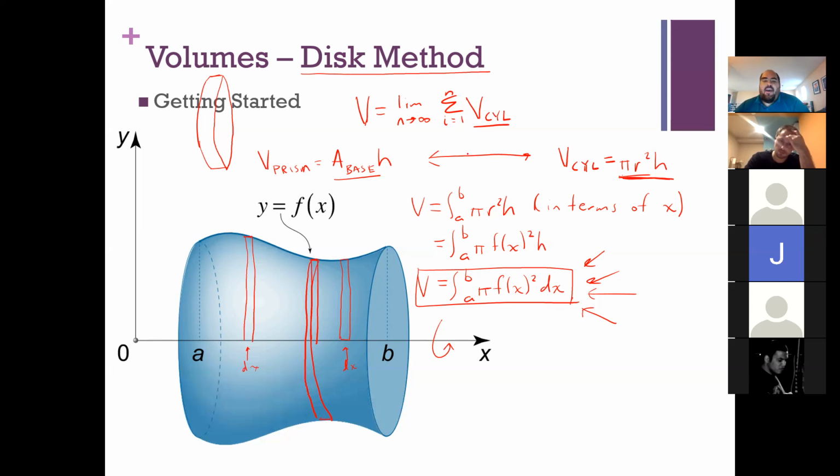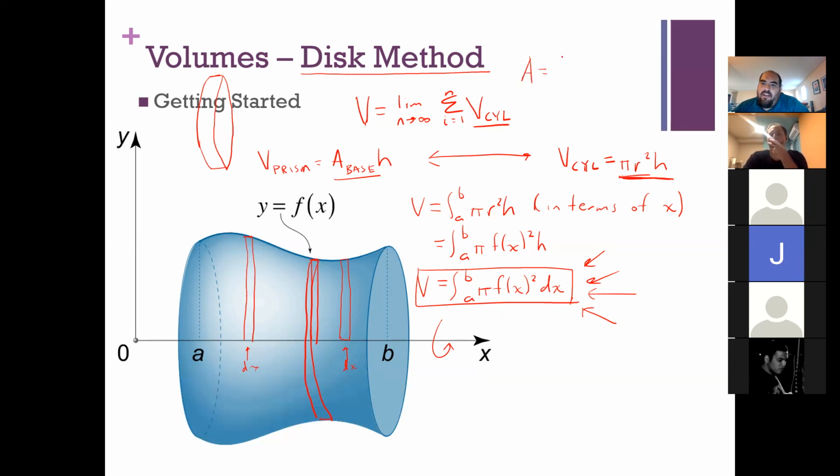One thing I will point out before we go any further, and this is not an accident, but think about the way we did area. Area is a two-dimensional concept. And when we integrate, really what we're doing is integrating a bunch of lengths.